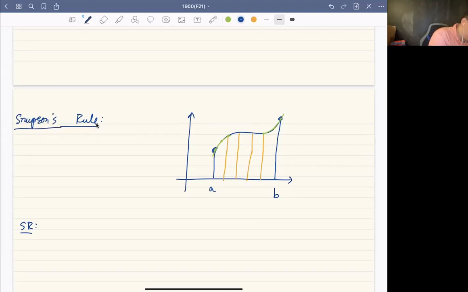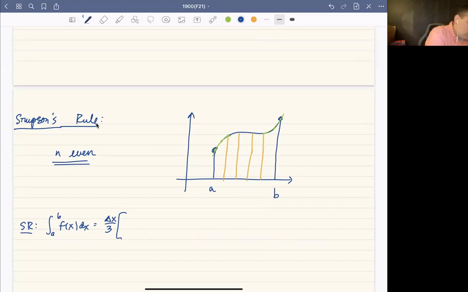But it turns out that this integral from a to b is going to be delta x over 3 times the following quantity. Okay, and here it's important that n is even. This only works when n is even. That's not a big deal though. If you wanted to use 5 rectangles, then use 6 and you get an even better approximation. Okay, so there's no problem here. We're letting n go to infinity anyways, so who cares if n has to be even.